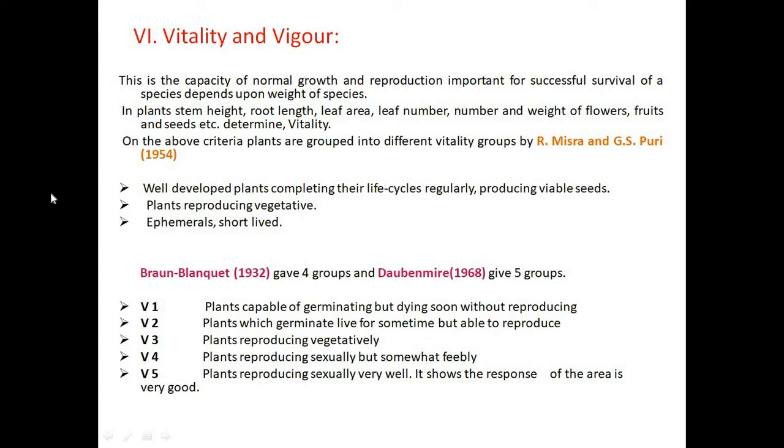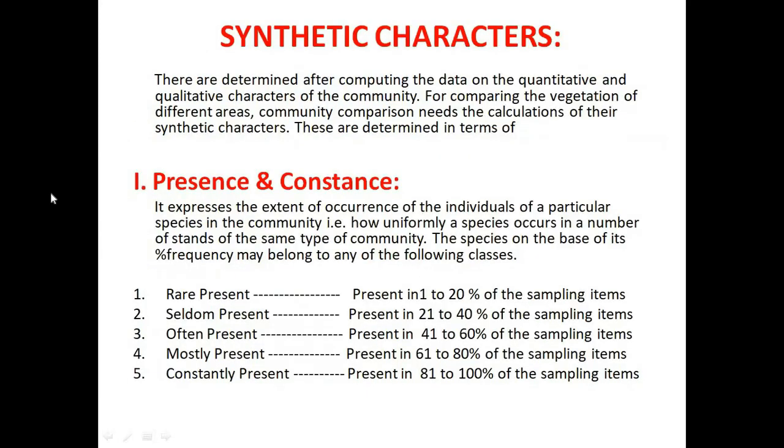In the third vitality group, plants reproducing vegetatively. In the fourth vitality group, plants reproducing sexually but somewhat feebly. And in the fifth vitality group, plants reproducing sexually very well. It shows the response of the area is very good.